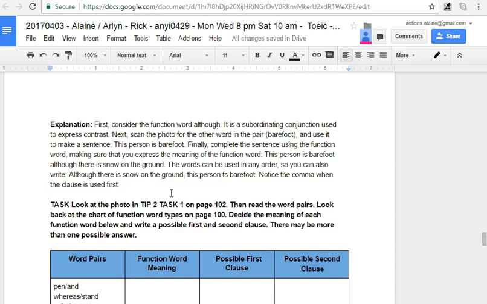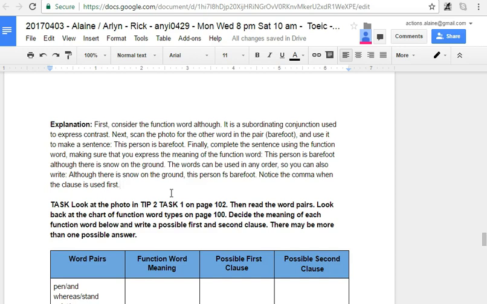Next, scan a photo for the other word in the pair, barefoot, and use it to make a sentence. This person is barefoot. Finally, complete the sentence using the function word, making sure that you express the meaning of the function word. This person is barefoot although there is snow on the ground.